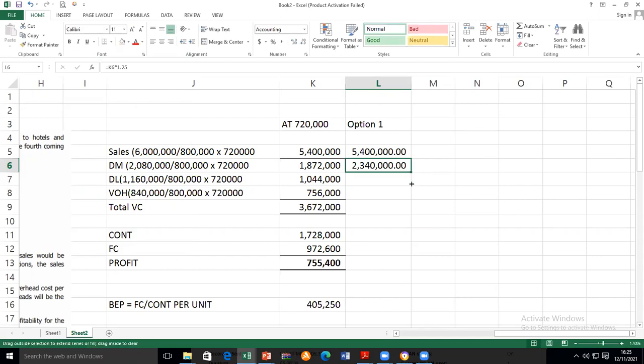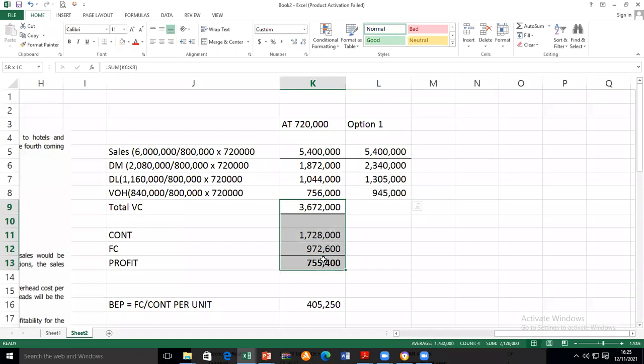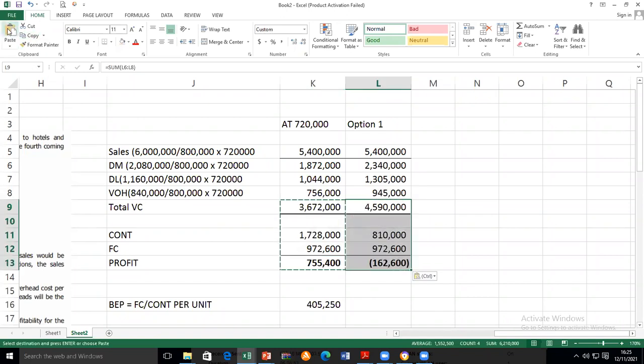Okay, so is the fixed cost the same as we're going? Yes, the fixed cost is the same.